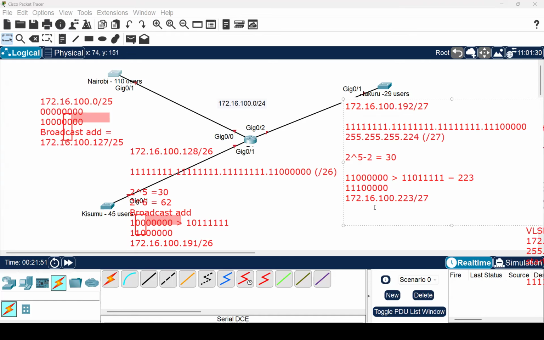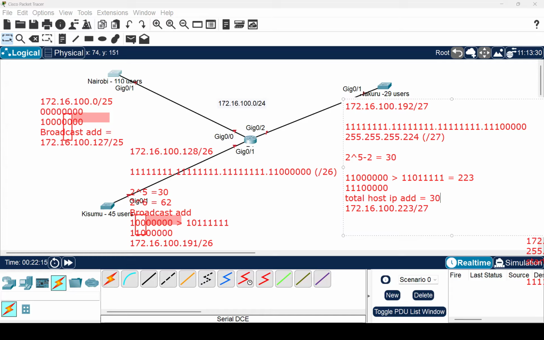Once you have the broadcast, it's easy to know the total number of host IP addresses. Let's work it out for Nakuru. It is 2 raised to the power of the number of host bits, 5, minus 2.